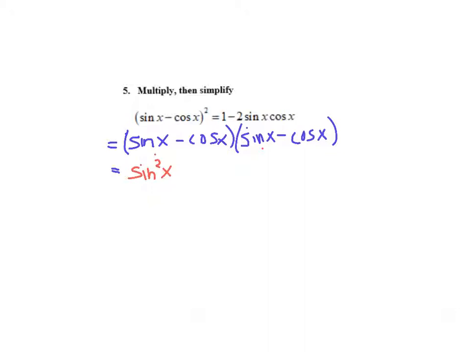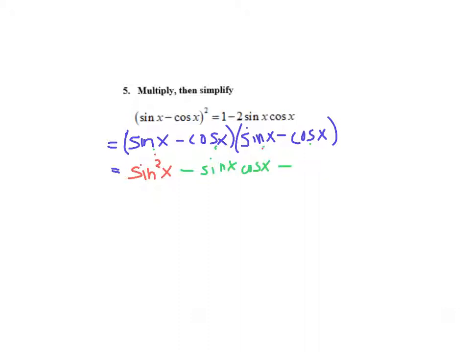And then you get your sine times the cosine, which is minus sine x cosine x. And then, of course, you have your inner, cosine times sine, another minus.